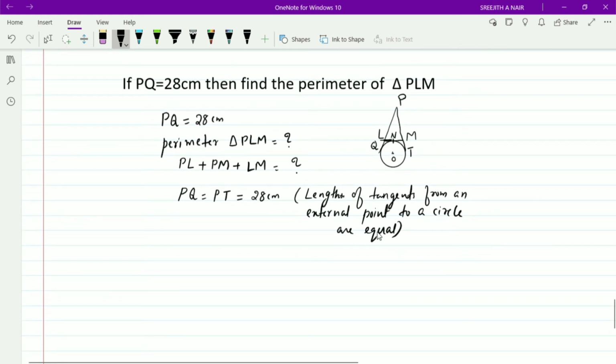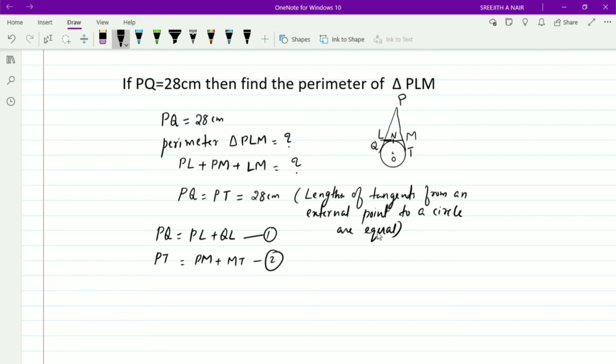Now PQ is equal to PL plus QL, equation 1. Same way PT is equal to PM plus MT, equation 2. Now LQ is equal to LN, tangents from the point L to the circle, and MT is equal to MN.